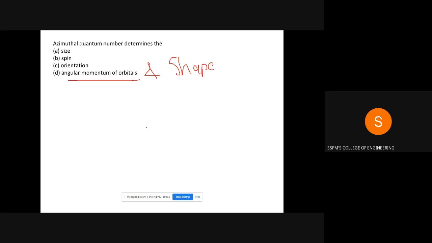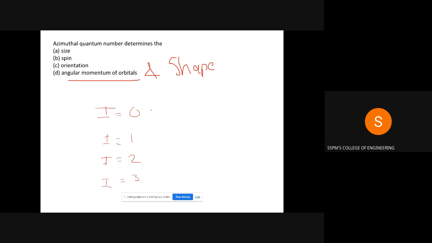The azimuthal quantum number is given by l equal to 0, then l equal to 1, l equal to 2, and l equal to 3.